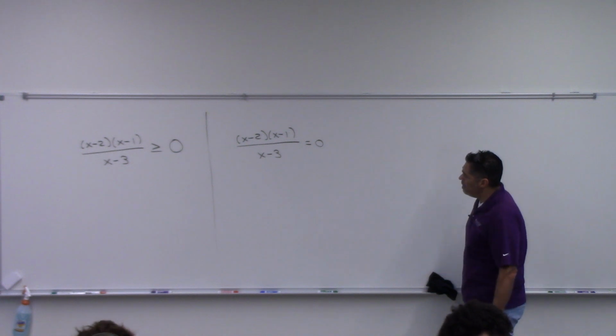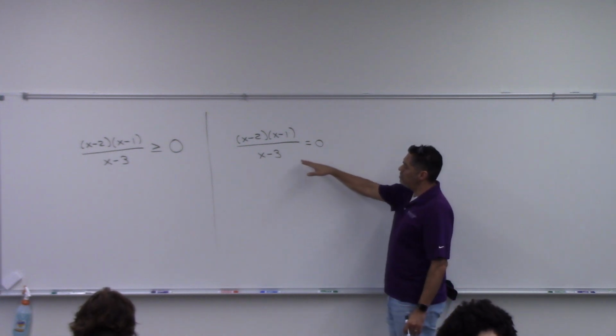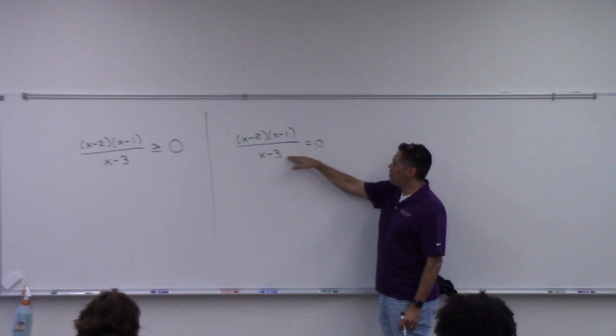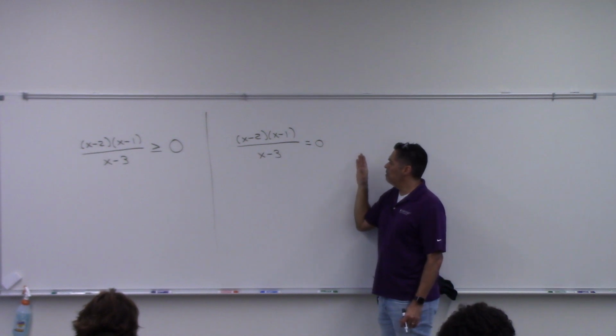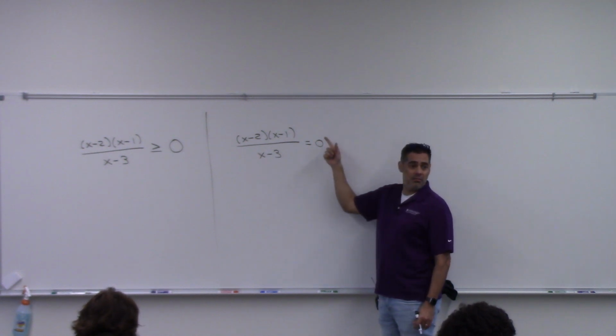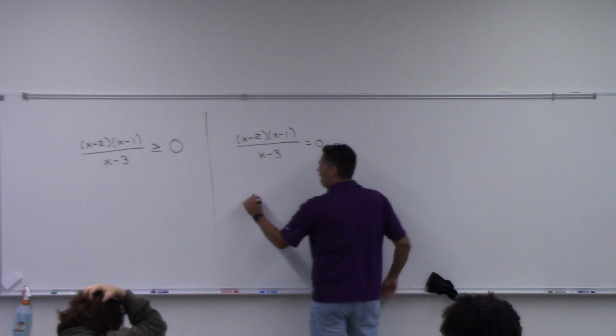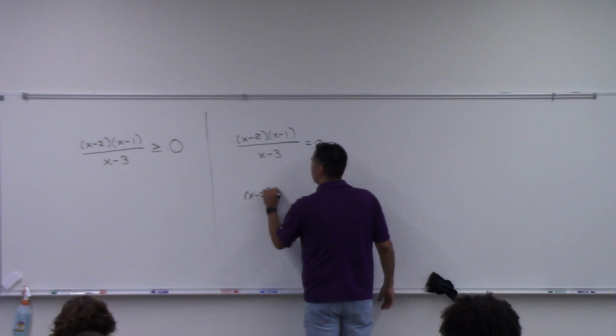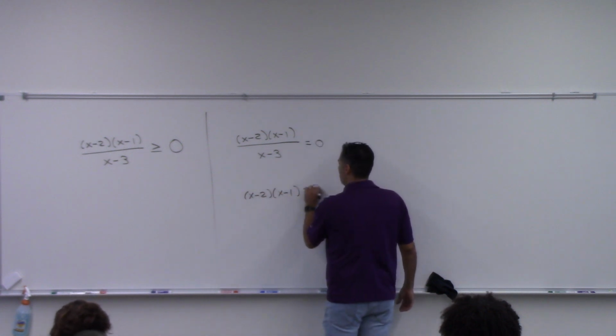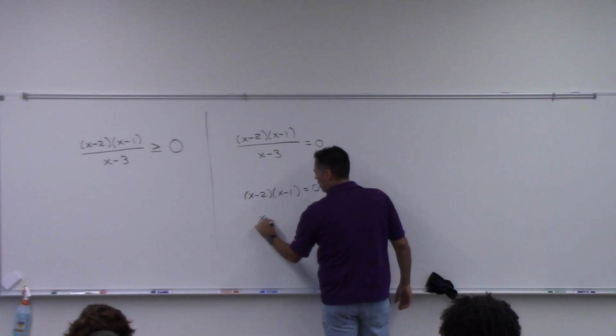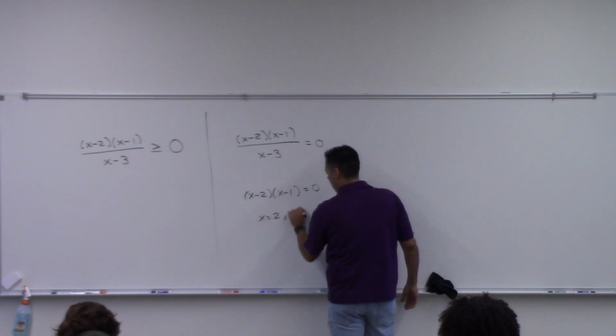Once you get it equal to 0, I told you also that a fraction can only be 0 when the top is 0. So my next step is to say, okay, when is (x - 2)(x - 1) equal to 0? You set each of those to 0, and you get two answers, 2 and 1.